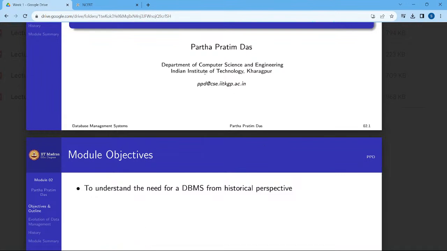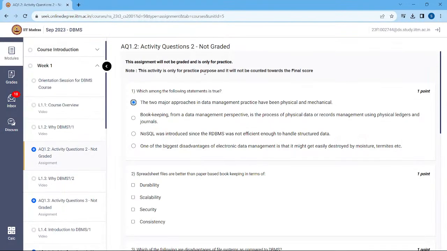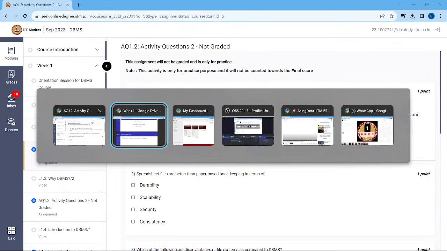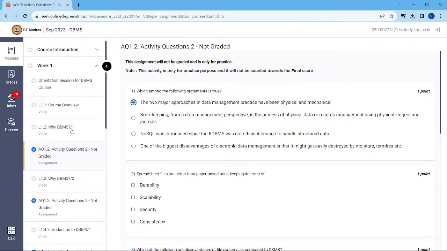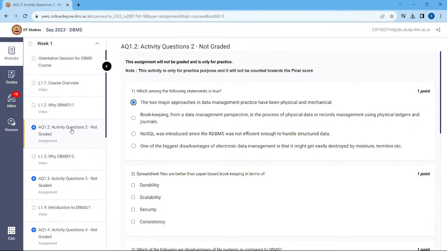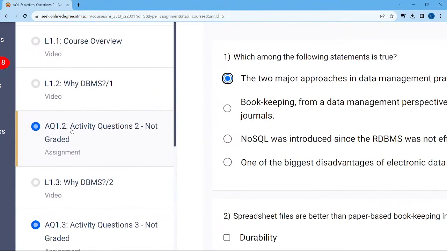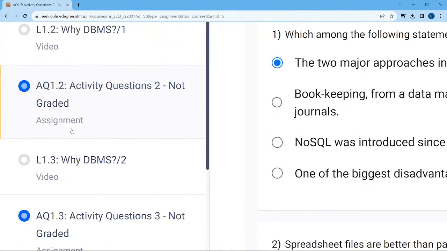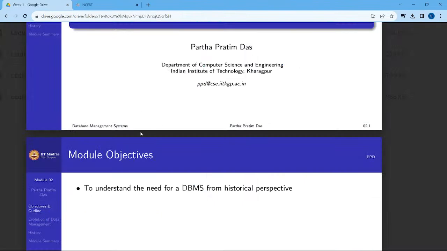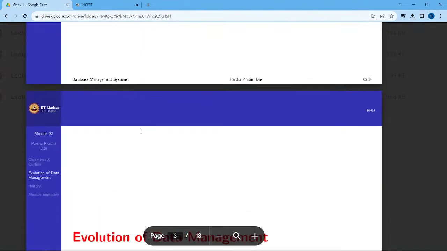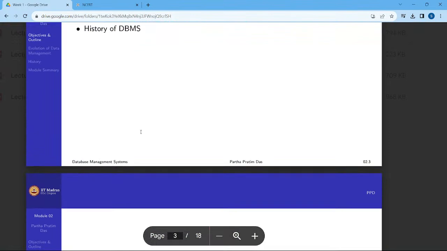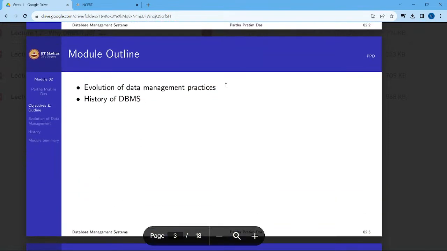Now we are diving into the actual content that is provided in week one. That is why DBMS 1, why DBMS 2. So it takes them two whole lectures to convince us why we should use DBMS, right? Let's dive in. The module outline is evolution.